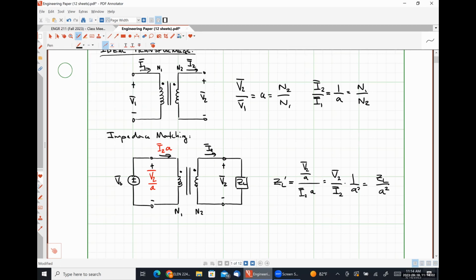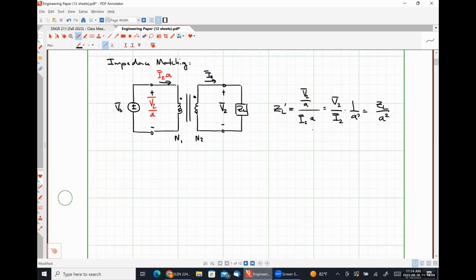So if we have the following network, where now our load is connected to our primary side, so here's V1. Dot N1, N2.